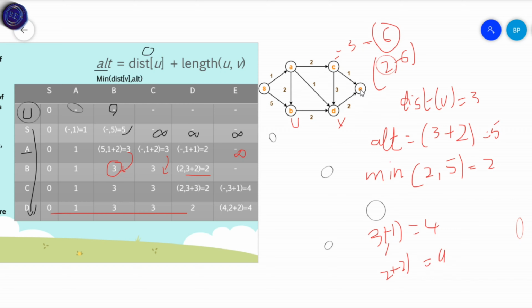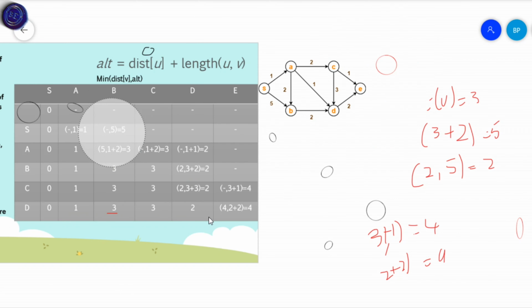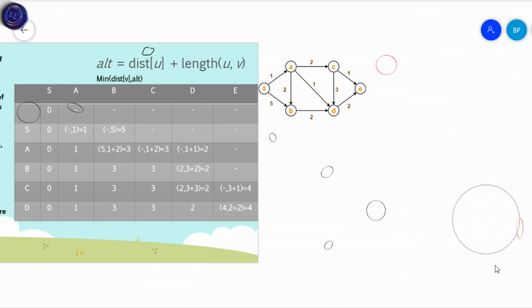So we can come from the source node to E in two ways, that is S to A to B, A to D and D to E, or S to A to C and C to E. So we find the shortest paths from the source to the destination vertex. I think you understood it.